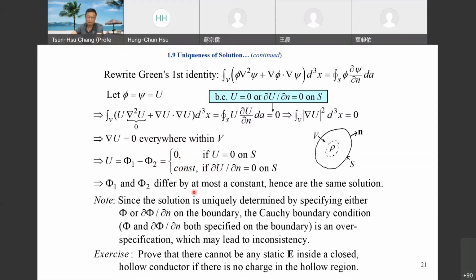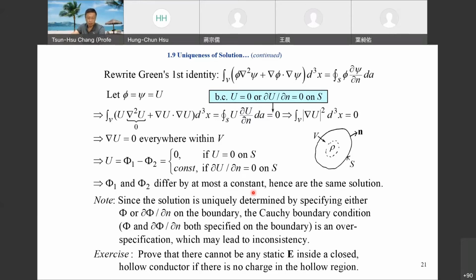They differ by at most a constant. So we don't care about the absolute value of the potential. We care about the potential difference. Potential difference makes sense. The absolute value of the potential, we don't really care. Keep this in mind.